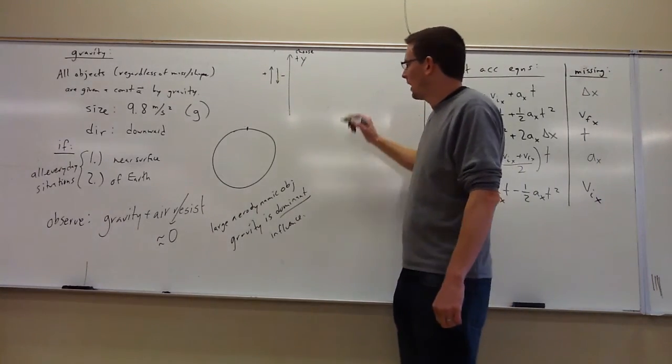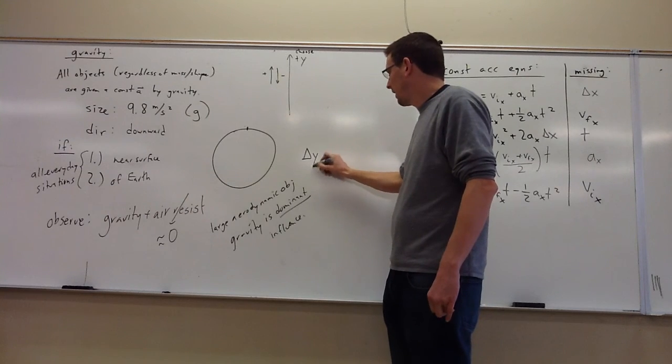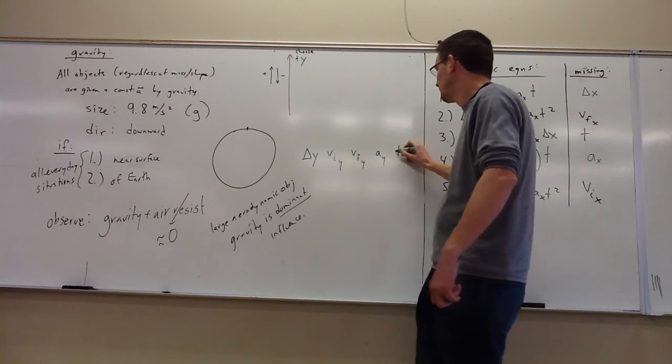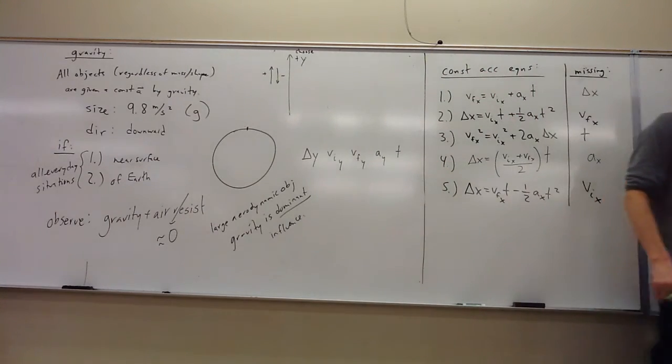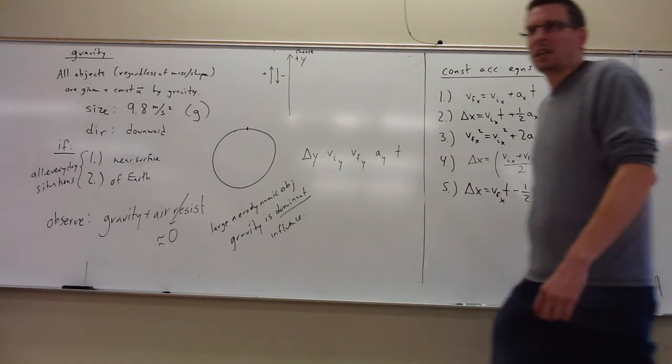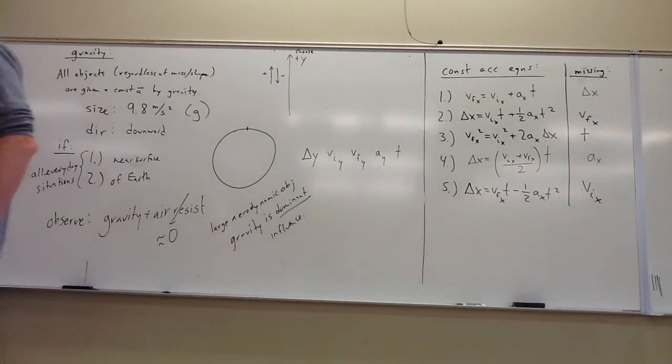So I guess I should also write down my variables like this. I change my x's to y. So I have my 5 variables. Now they're y variables instead of x. Okay?